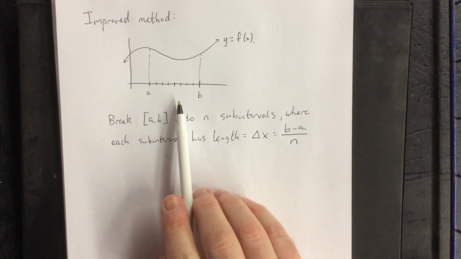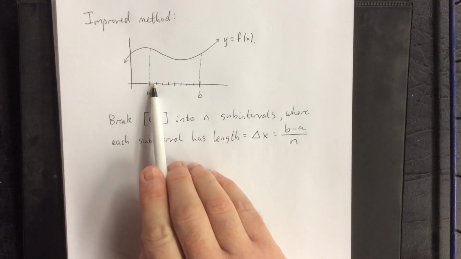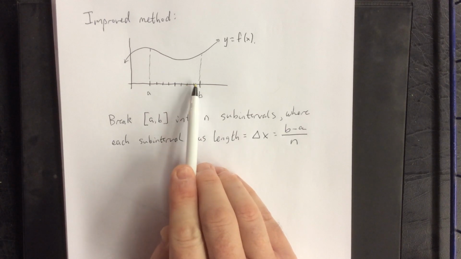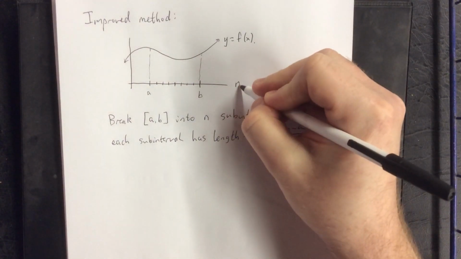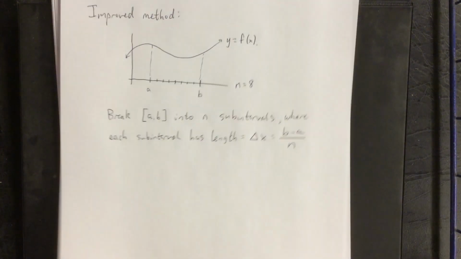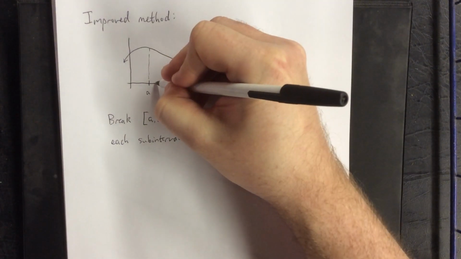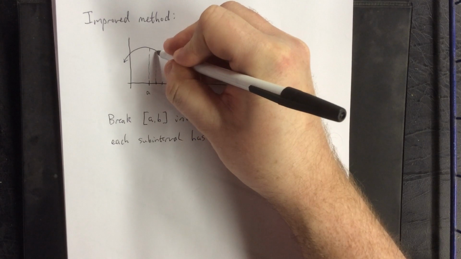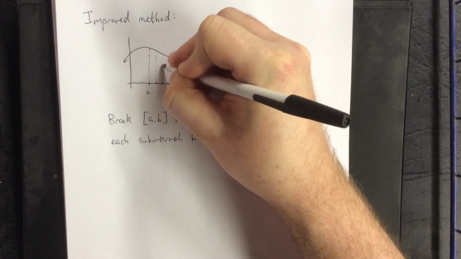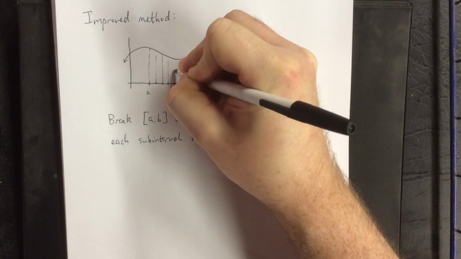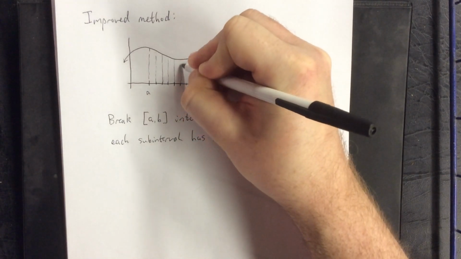As written up here, if we count up the number of subintervals, that would be 1, 2, 3, 4, 5, 6, 7, and 8. This would be the example of n equals 8. So what we would do is at each of these x values, we are going to do the same thing that we did on the larger scale, which is we're going to see if we can find the area on each of these subintervals.